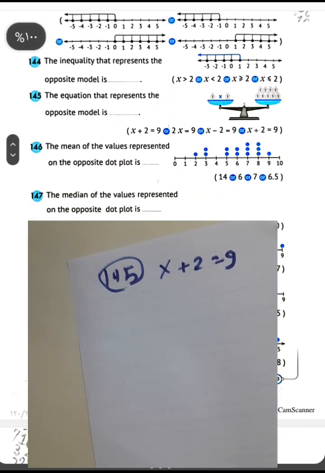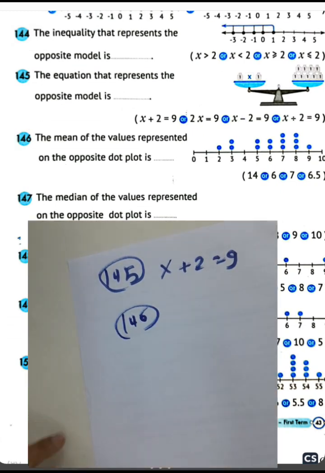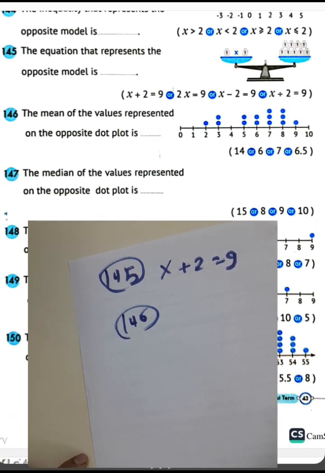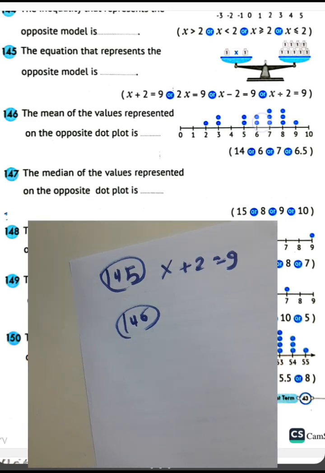Next question. Question 146. The mean of the values represented on the dot plot here. We can find the mean. It will be 6.